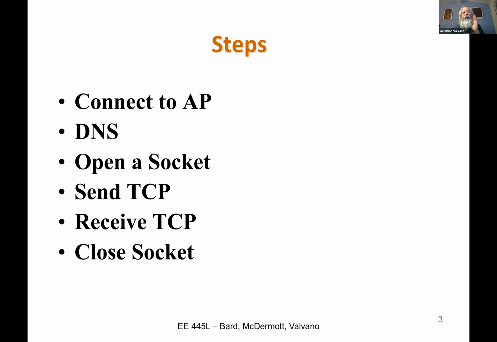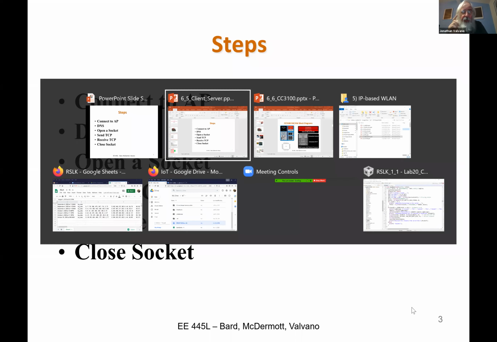How does it connect to the access point? What does it do and how does it request an IP address? What did you do to open a socket? What did you do to send a message? What do you do to receive a message? How do you close a socket? Okay, so I'm going to do that with this example here.